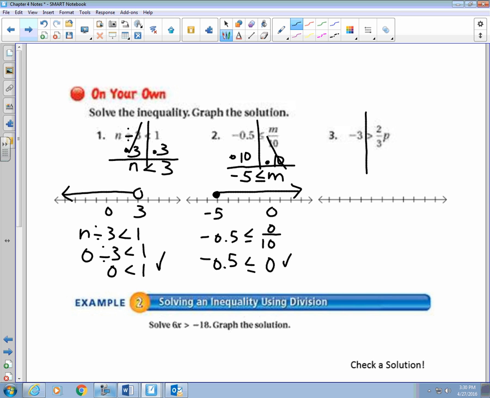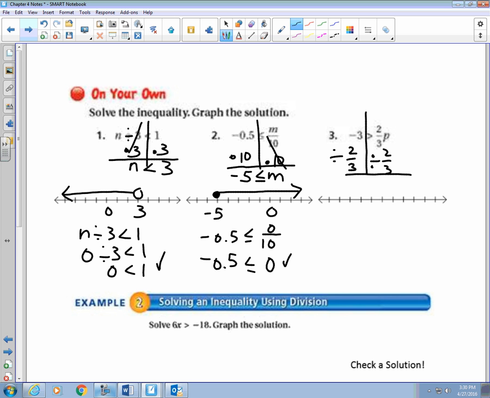We're still going to undo what we see in front of us here. I see 2/3 as being multiplied by p. So to get rid of that multiplication, I'm going to divide by 2/3. I'll be honest with you, this is a pretty bad example to stick in the section that it's in, but since it's in front of us, we're going to do it anyway.